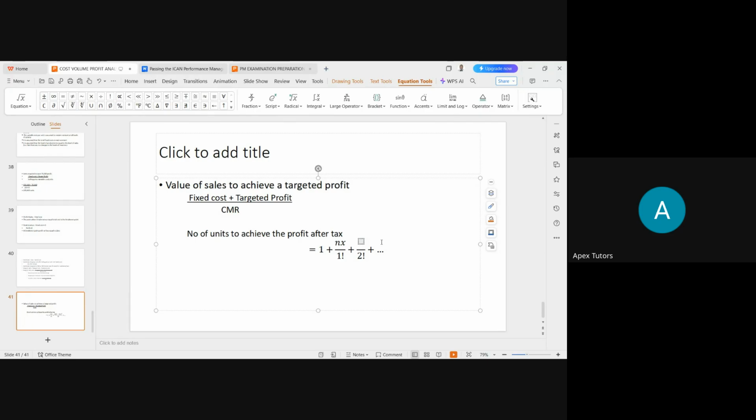I just want to adopt that so we can have fixed costs plus profit after tax divided by 1 minus tax rate, 1 minus tax rate, divided by contribution margin.